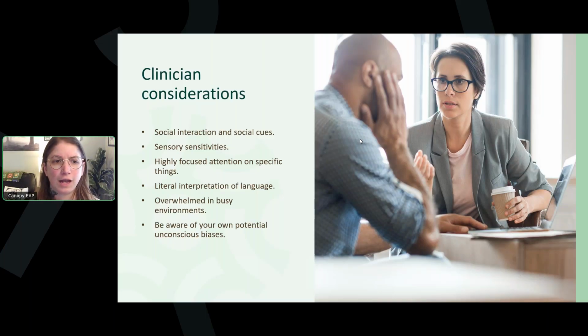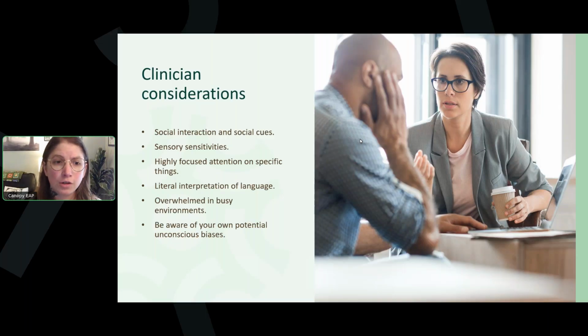Then thinking about that highly focused attention on specific things. So if we are providing psychoeducation, if we are providing input in session, or how we are communicating with folks, again, also how we're communicating logistical information, thinking about how that shows up in the communication dynamic.